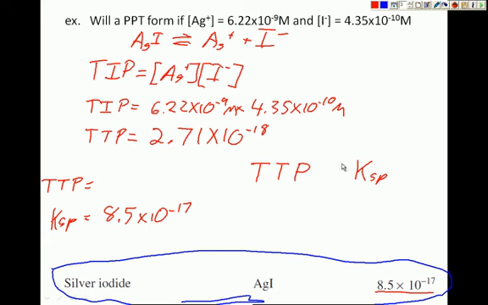In other words, Ksp is bigger than our trial ion product, or our trial ion product is less than our Ksp. Therefore, no precipitate forms. If we had this concentration of silver and this concentration of iodide in a solution, there won't be any precipitates being formed.